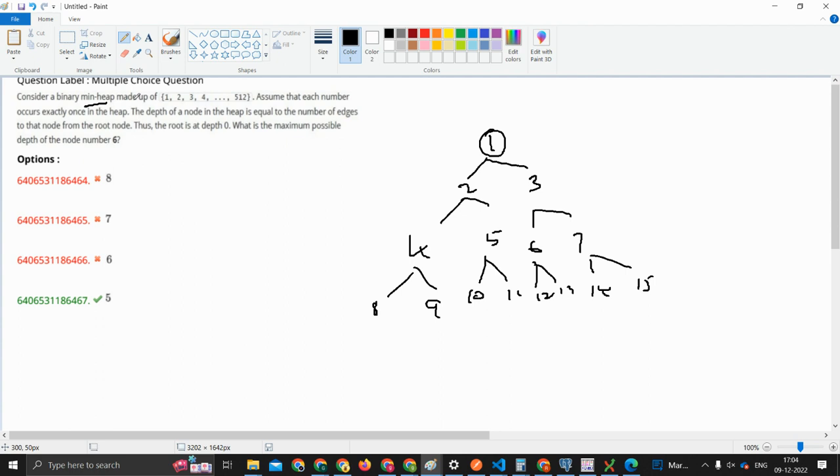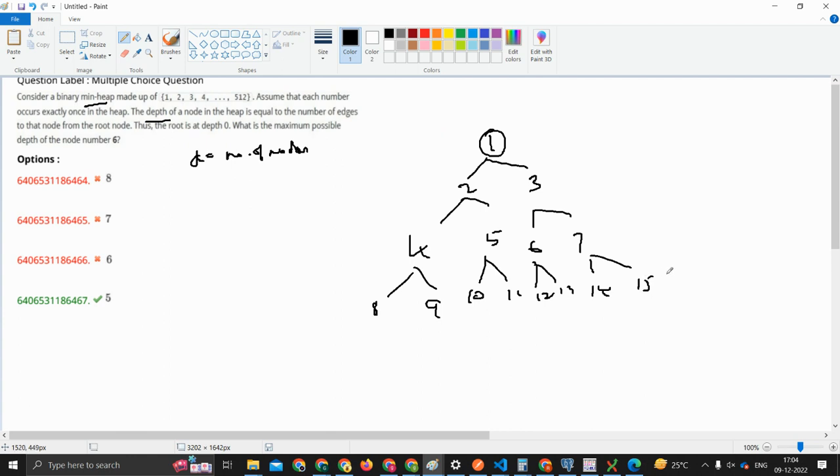Assume that each number exactly occurs once in the heap. The depth of a node in the heap is equal to the number of edges from the root node to that node.